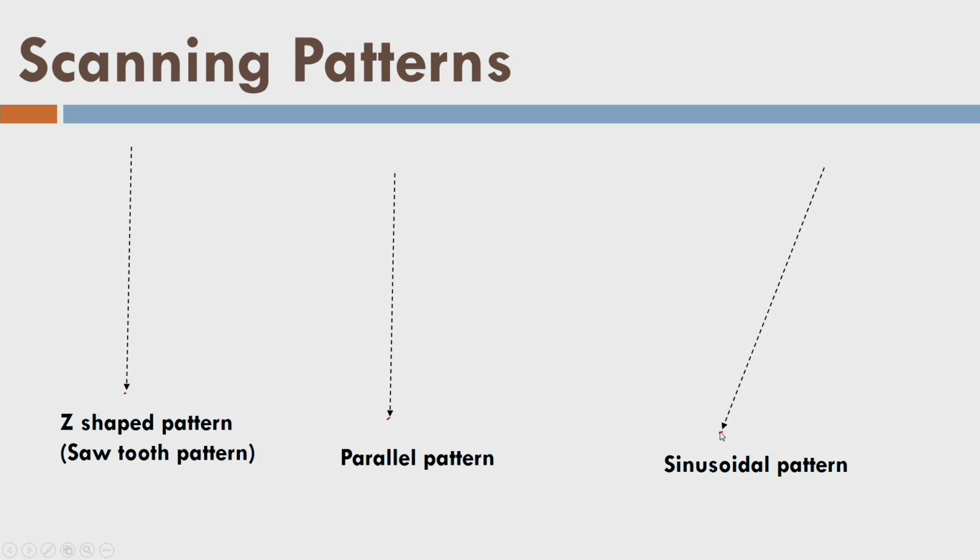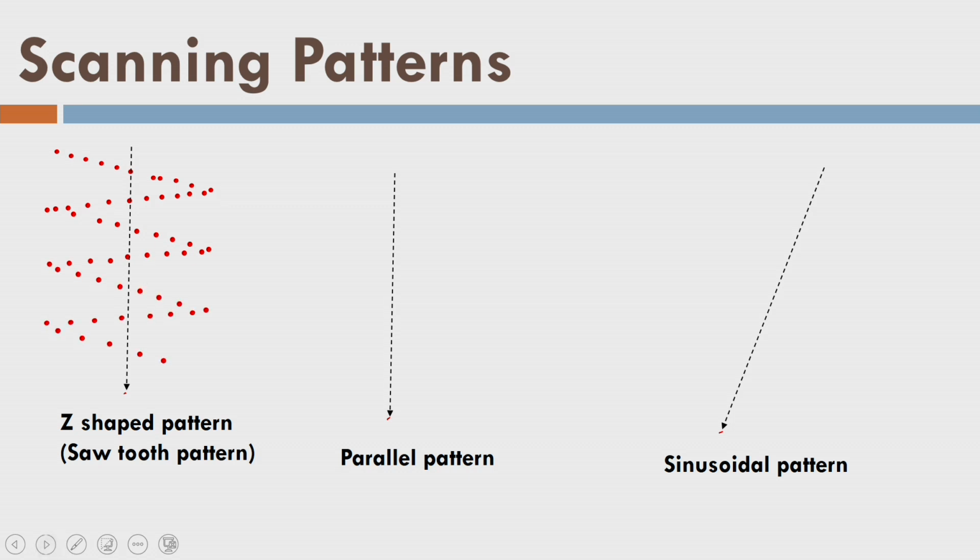And now we are going to show you three patterns of laser scanning, right. This is the first pattern, where laser pulses are fired, and because of the aircraft speed, they are collected in the Z-shaped, or what we call sawtooth, pattern. So, this is the sawtooth pattern or the Z-shaped pattern, right. So, these are so many pulses fired in 1 second.